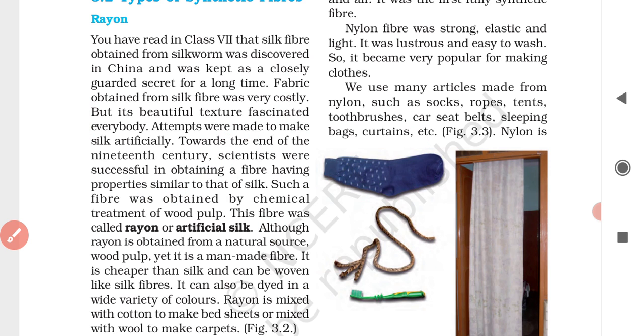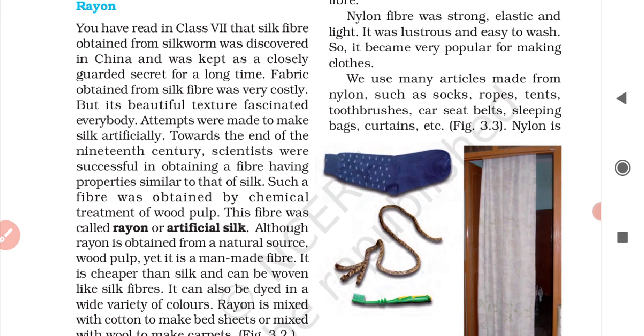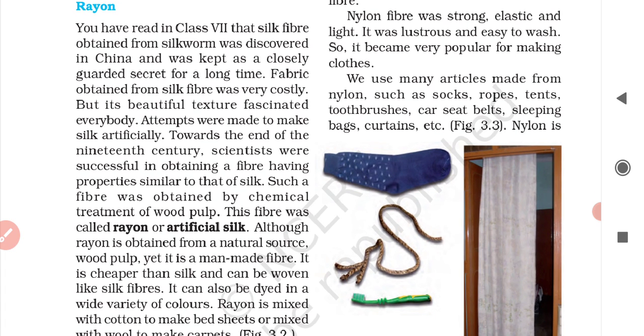So what is written here in your book? You have read in class 7 that silk fiber obtained from silkworm was discovered in China and was kept as a closely guarded secret for a long time. Fabric obtained from silk fiber was very costly, but its beautiful texture fascinated everybody.